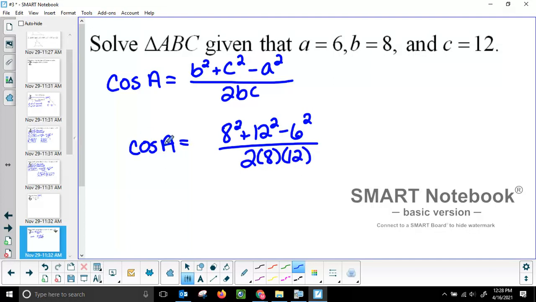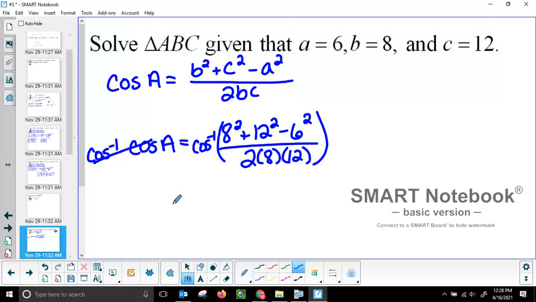Now we don't really care about what cosine of A is. We want to know what actual A is. So to undo this angle from this trig function, we have to use the inverse trig function.